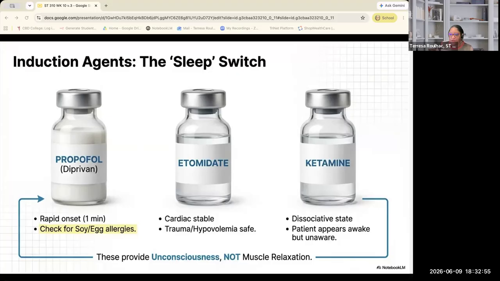They won't be able to intubate because of the reflex. Exactly.